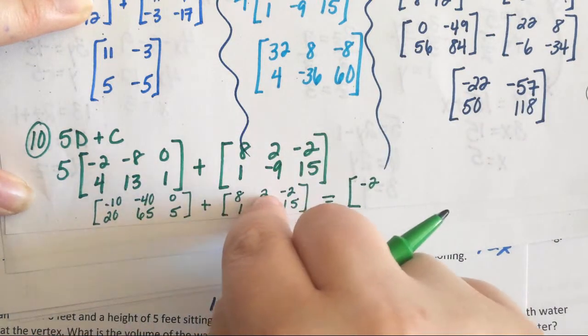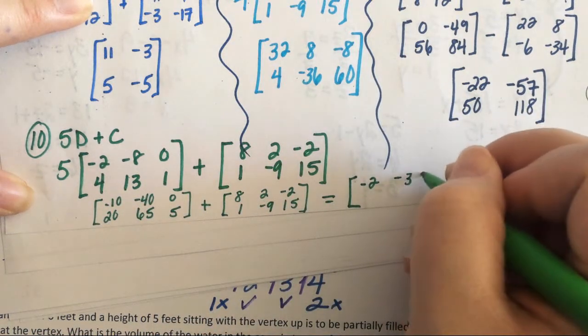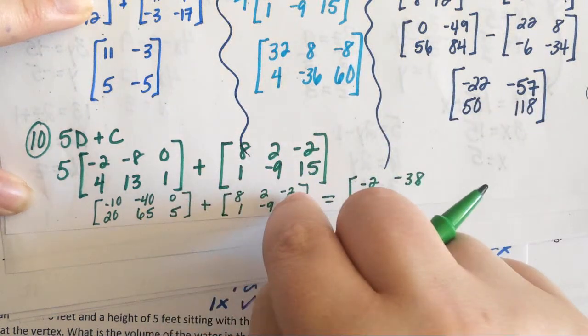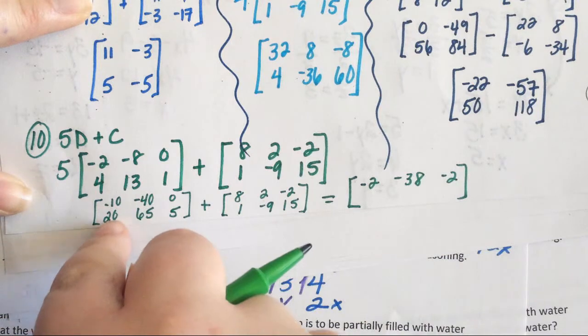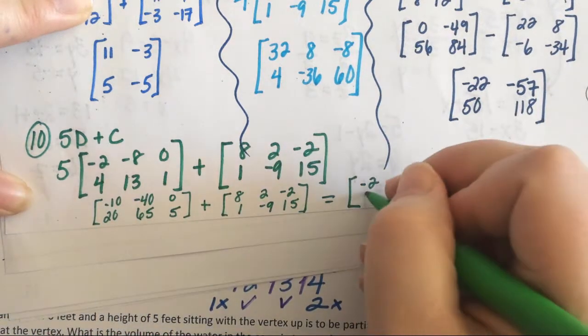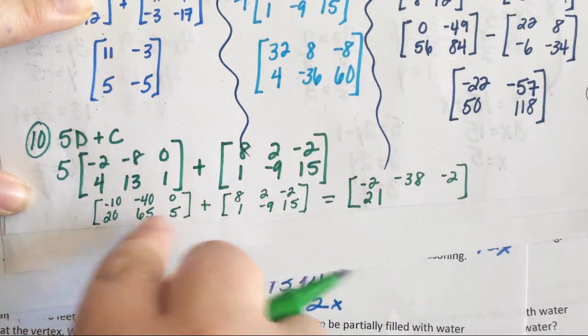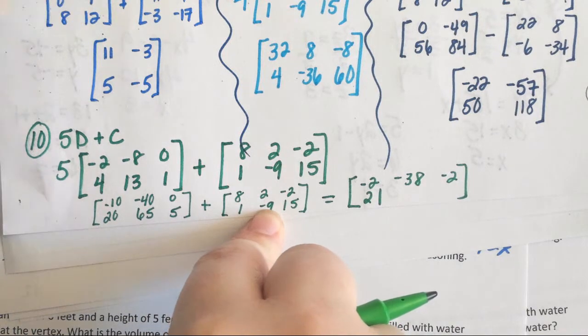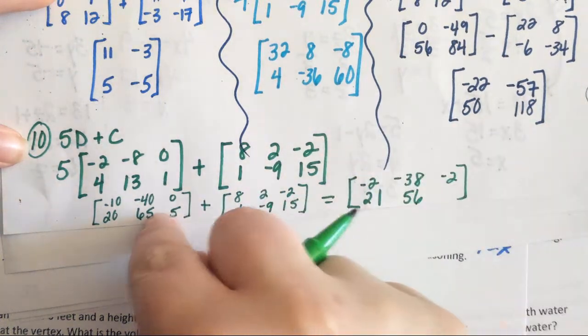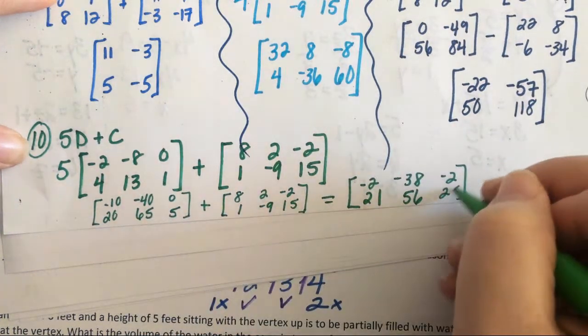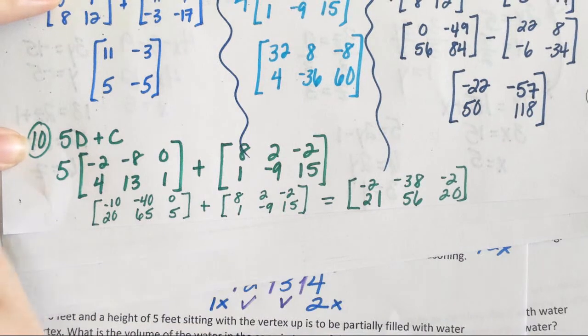Negative 40 plus 2 is negative 38. 0 plus a negative 2 is negative 2. 20 plus 1 is 21. 65 minus 9 is 56. And then 5 plus 15 is 20. So that's our final answer.